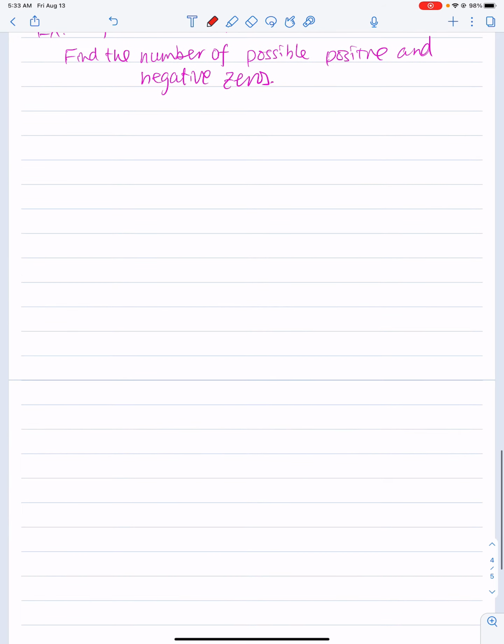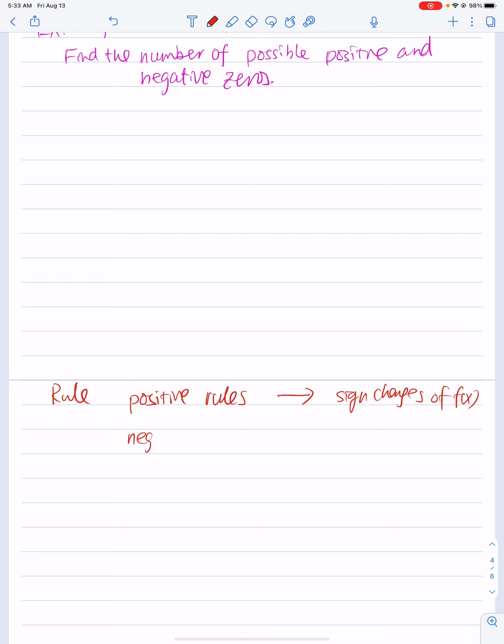So the positive zeros are related with sign changes of f(x). The number of negative zeros are related with sign changes of f(-x).